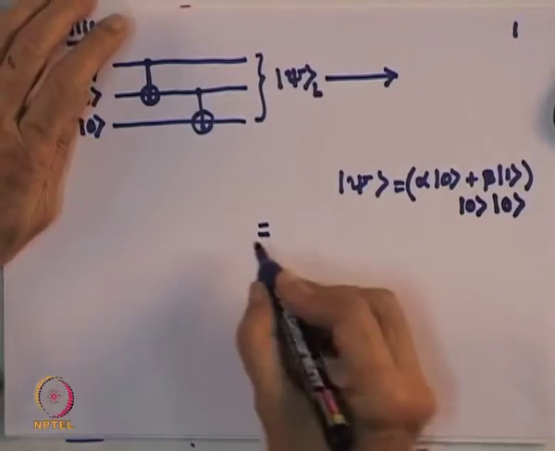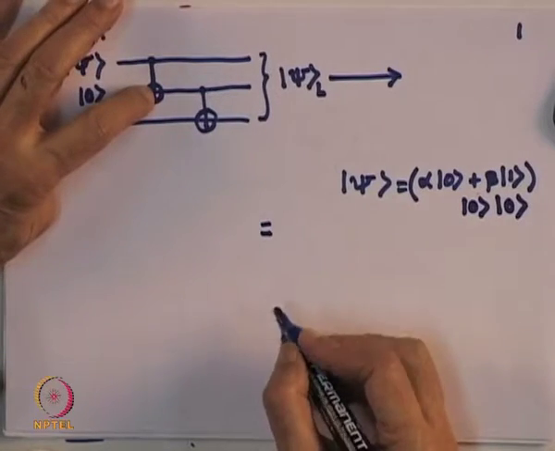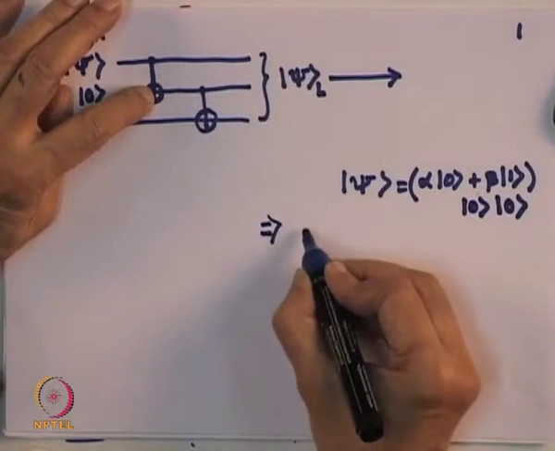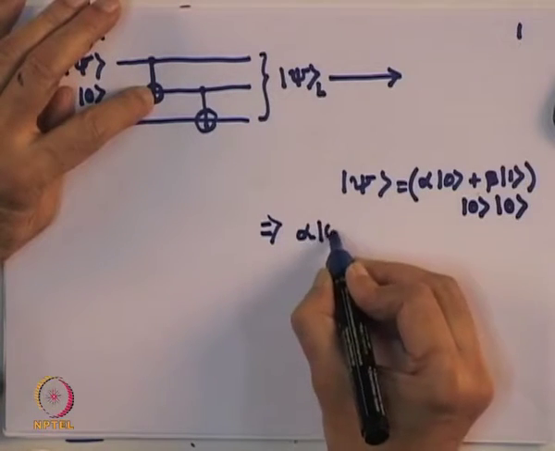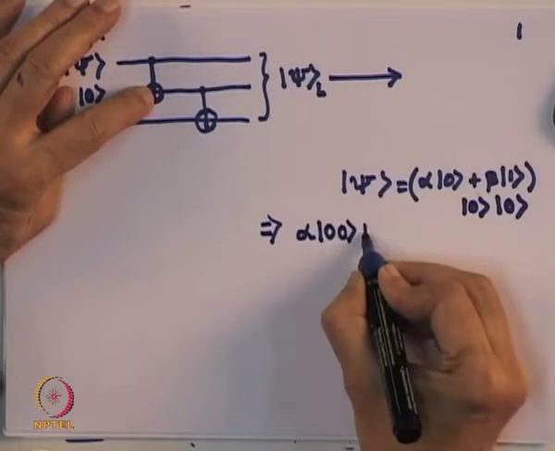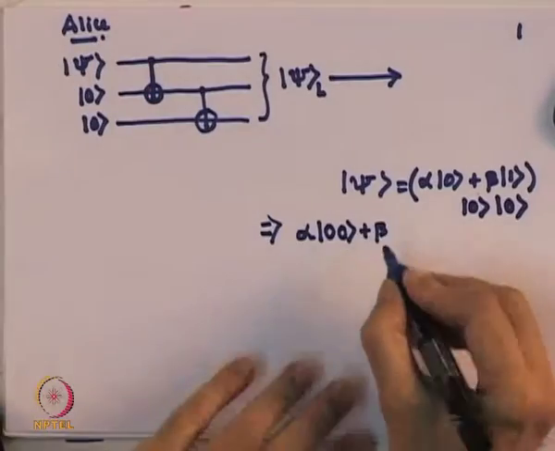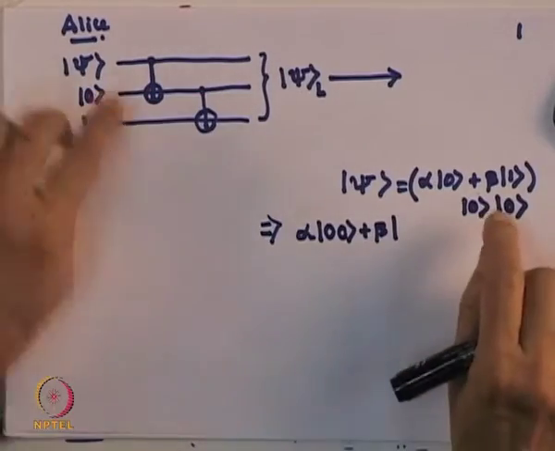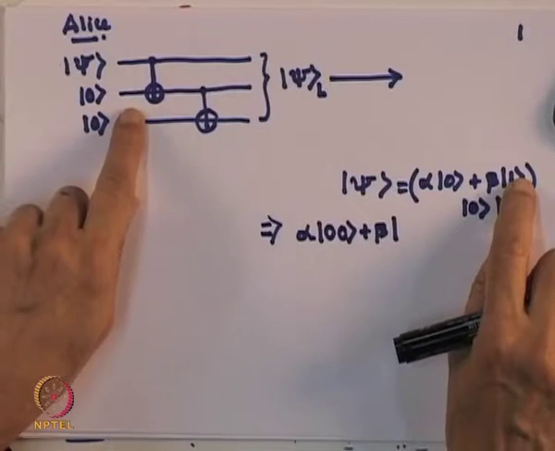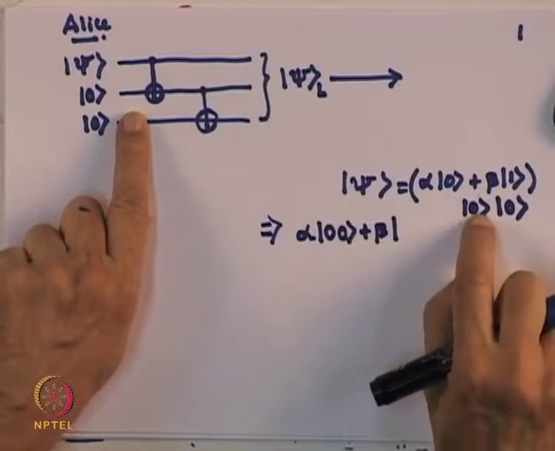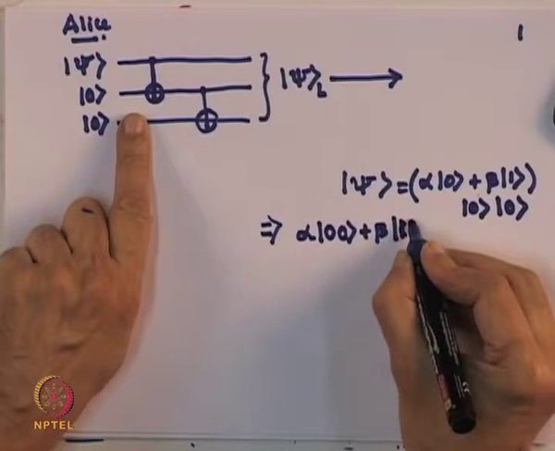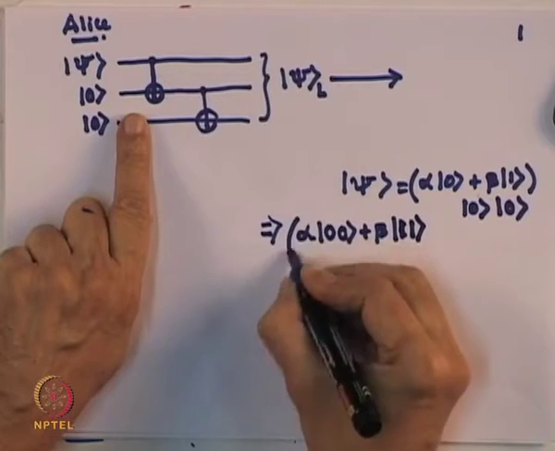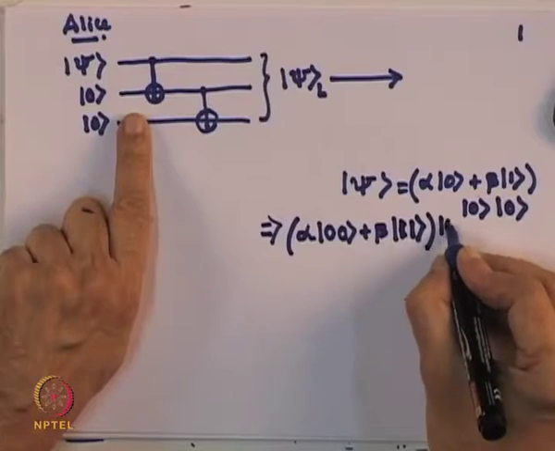So, at this stage, when I do this operation, I first get alpha 0 0 plus beta. Now, the control is 1 for this bit, so this will make it 1. So, I will get 1 1, and of course, the third bit has not yet been changed, so it remains 0.